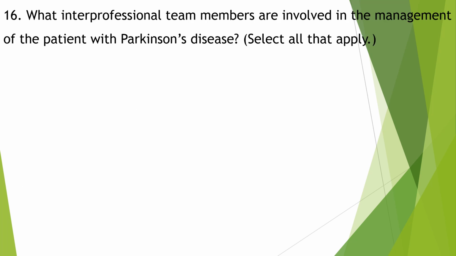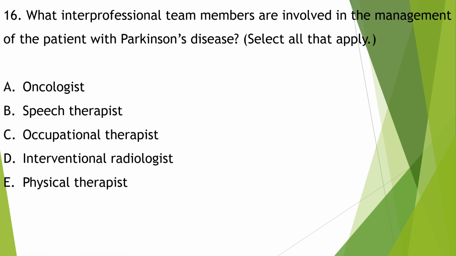What interprofessional team members are involved in the management of a patient with Parkinson's disease? Oncologist, speech therapist, occupational therapist, interventional radiologist, physical therapist. So here you need to know the speech therapist completes a swallowing evaluation and makes suggestions to promote safe oral intake. They may also have strategies to improve verbal communication.